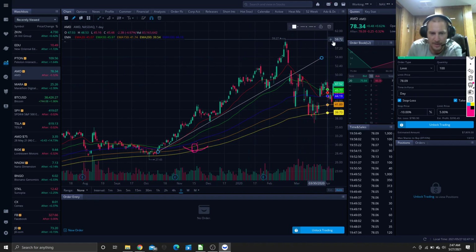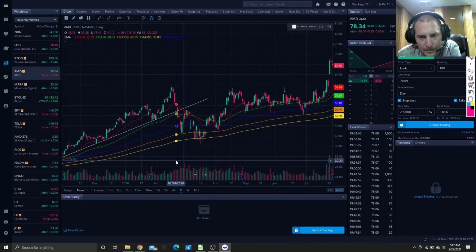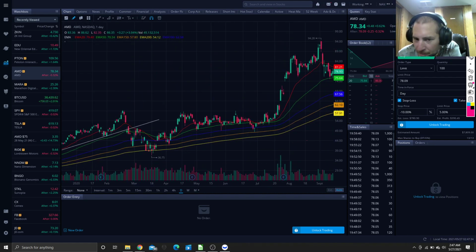And you notice that oftentimes on these dips in the trend, it coincides with these moving averages. See how many times these prices bounce off of these moving averages in these trends. There's one, and there's a very beautiful long setup.